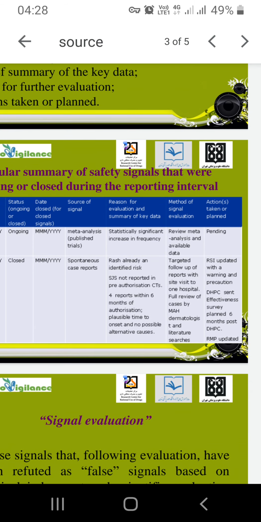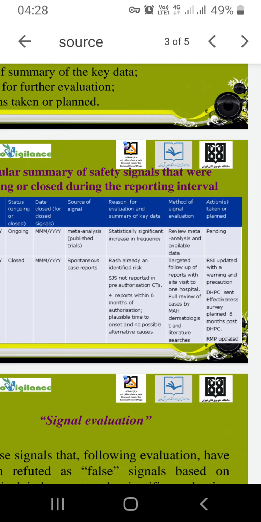Reasons for evaluation: rash already an identified risk. Stevens-Johnson syndrome not reported in pre-authorization. 4 reports within 6 months of authorization. Plausible time to onset and no possible alternative cause.